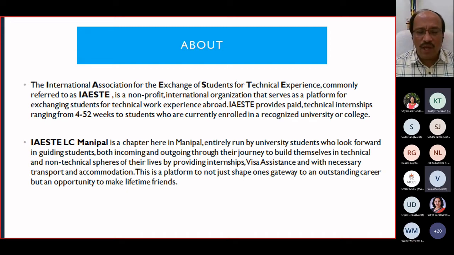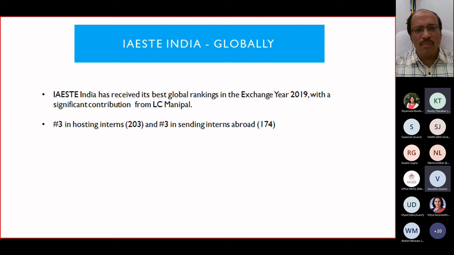ISTA Local Committee Manipal is one strong thing in Manipal, which gives a really good number of exchanges to MAHE, and they are fully involved in the process. From first year to the final year, students are recruited at various levels and they grow themselves, and they have a model for it. So that is ISTA LC Manipal.